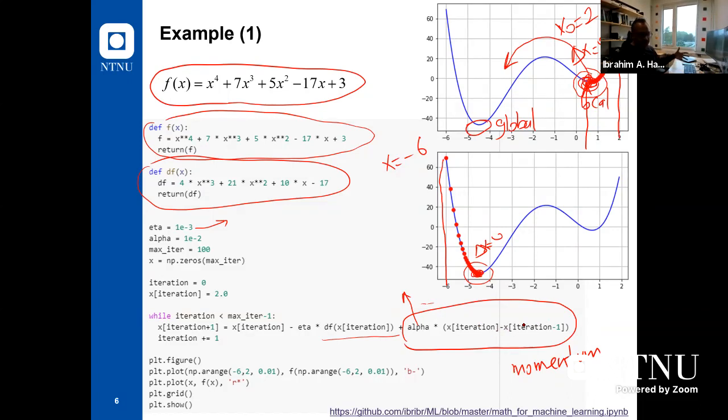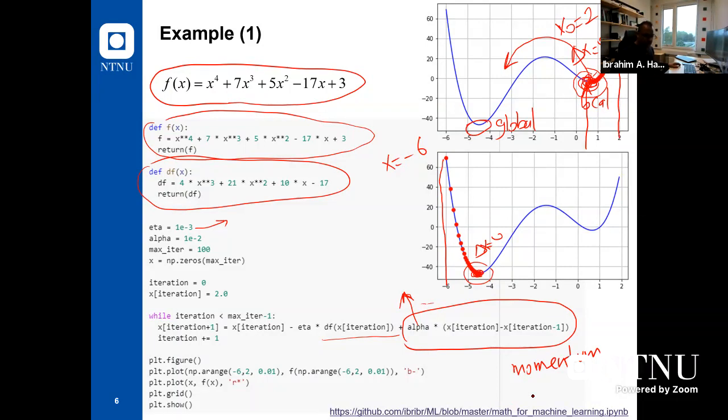So we need to keep momentum and keep a memory of the last values, hoping that those last values are large enough to push you to get out of this trap. So this is the idea of the momentum term. But as I told you, it might help, it might not help. This alpha value also, which value will work for us, we don't know. Maybe 0.5 will work, maybe 0.7 will work. Maybe it will not work for you at all, right? So it's problem by problem and case by case.